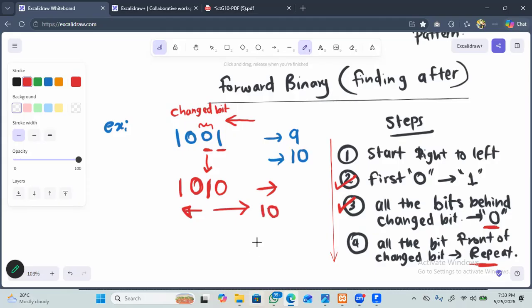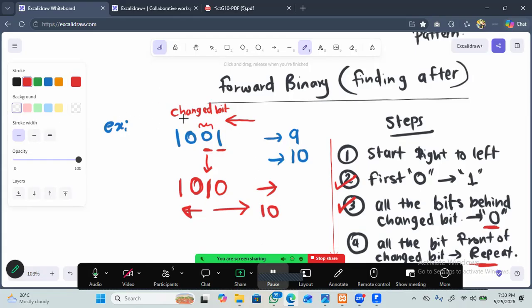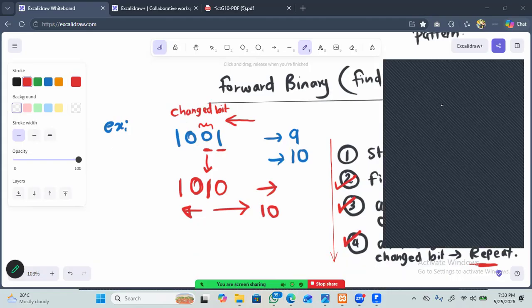Okay, kids, drop me a message. Is this clear or is it still a little bit confusing? Shall I do one more example or is this clear? If you write down these steps, it will be clear for you. Is that clear? This is how you find the answer. Yeah, clear.